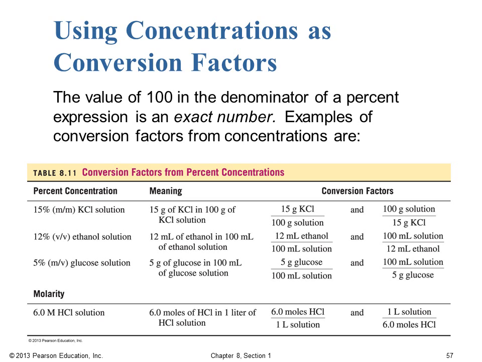For a 12% volume by volume ethanol solution, it's 12 milliliters of ethanol per 100 milliliters of solution. For 5% mass by volume glucose solutions, 5 grams of glucose per 100 milliliters of solution. And then lastly, molarity, we have 6 moles per liter. And so we can just use that as a per liter number, a conversion factor.